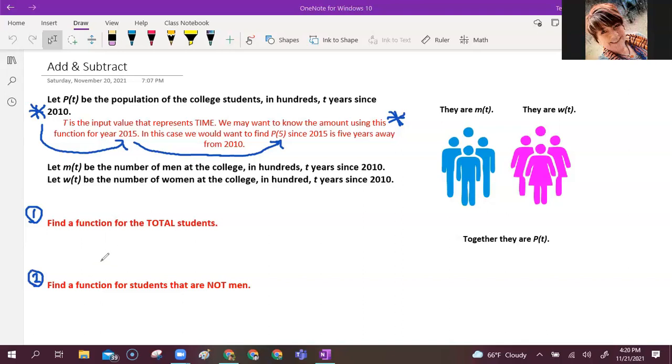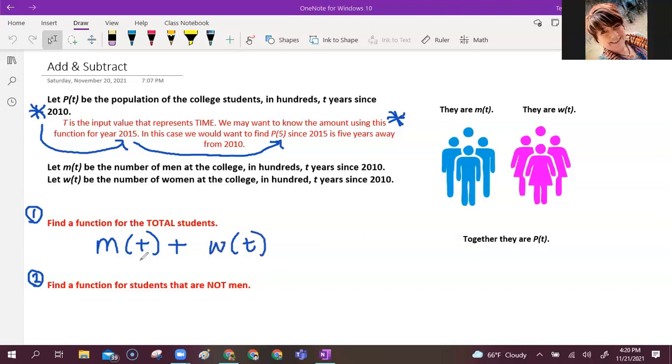Okay, number 1, find a function for the total students. Well, I know that the total students are made up of men and women. What are men? M at T. Total means plus, and then the women.